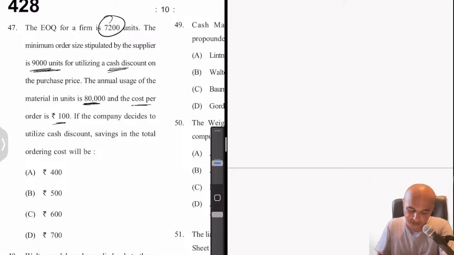Then the order size will be 7,200 units only, and the annual usage is 80,000. So we'll have to find out how many orders we will have to make.